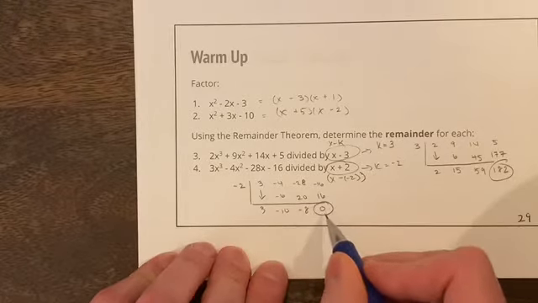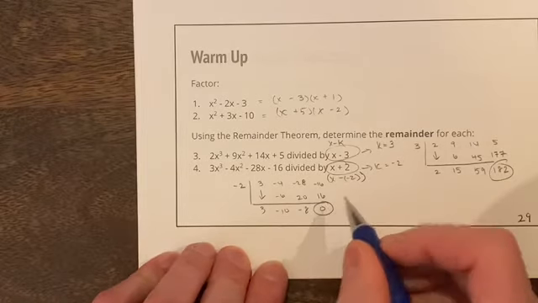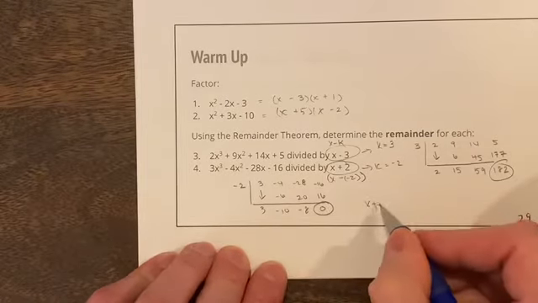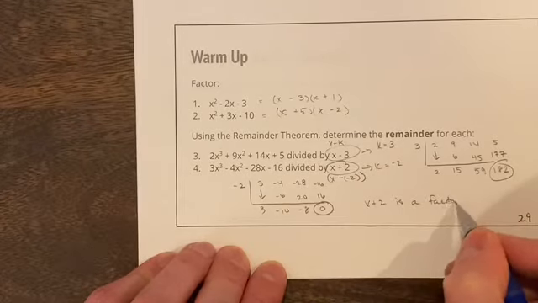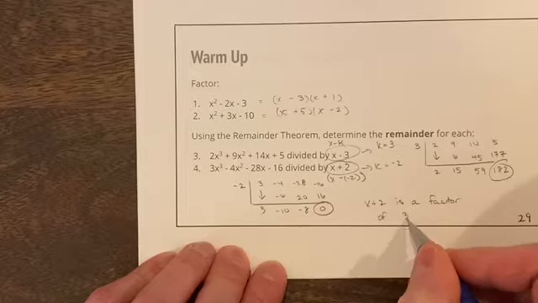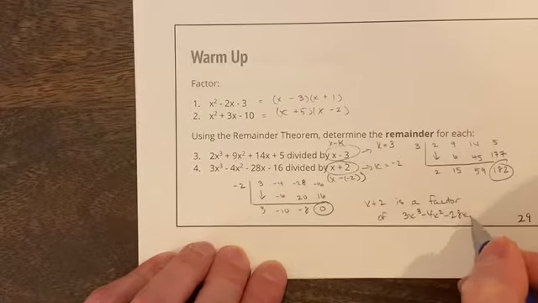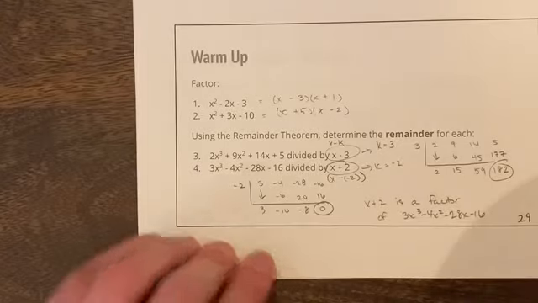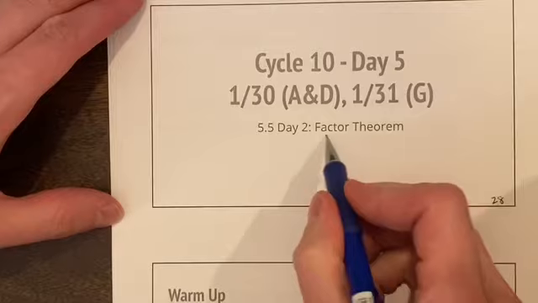So our remainder here is 0. So hopefully what that signals to you is that x plus 2 must be a factor of the function that we divided, right? Because if something goes in evenly, that means it's a factor. So that's something that we're going to appreciate today because we're talking about the factor theorem.